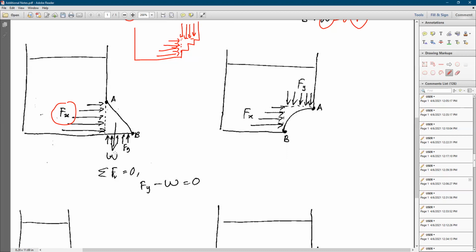because W is always pointing downwards, right? So the summation of vertical force would be like this. Okay, I think I missed something here. Yeah, actually you need to have FV.